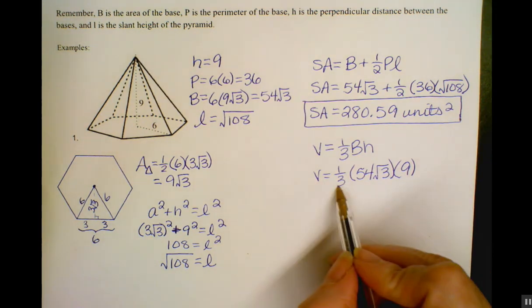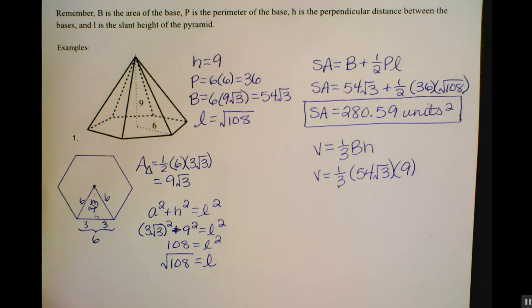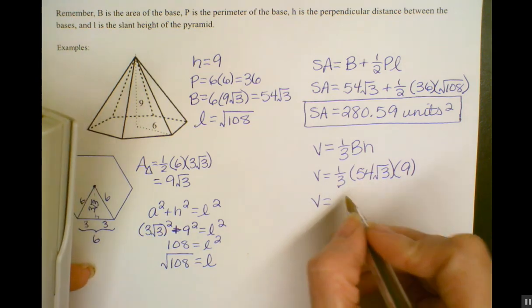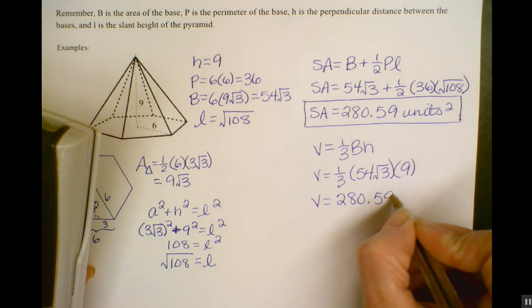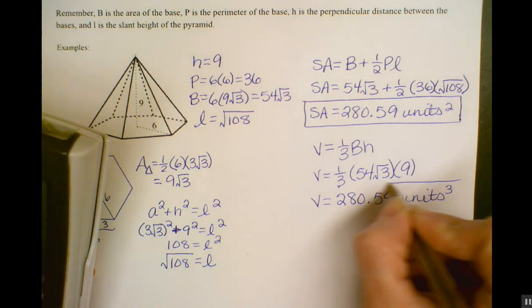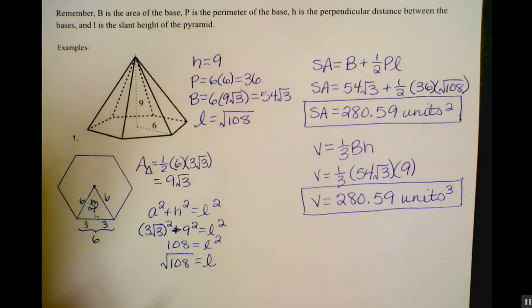Now you could simplify this by taking 1/3 of 9 and then multiplying by 54 square root 3 if you were so inclined. So the volume in this case, 280.59 units cubed. And it happens to be that we have the same answer for both the surface area and the volume. Of course, that doesn't always happen, but it is a possibility. And that takes care of our first example.